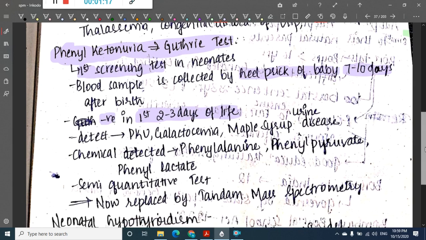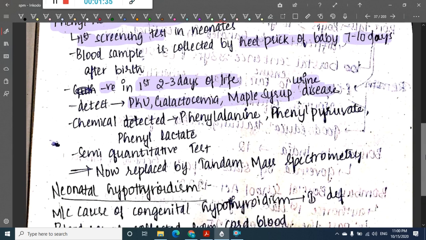Guthrie's test will not just detect phenylketonuria, but it will also detect other diseases like galactosemia and maple syrup urine disease. The chemicals detected are phenylalanine, phenylpyruvate and phenyllactate.